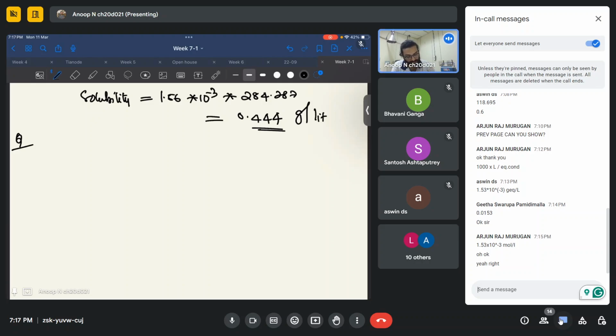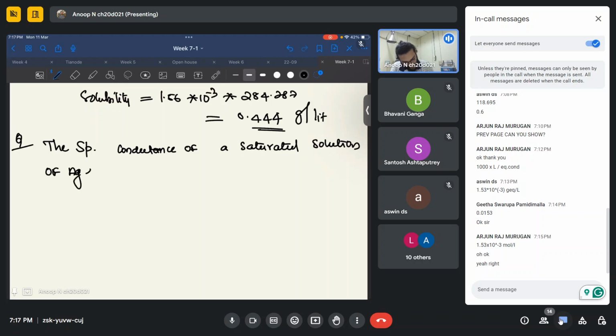So the specific conductance of a saturated solution of AgCl is 1.55 into 10 raised to minus 6 Siemens centimeter raised to minus 1.